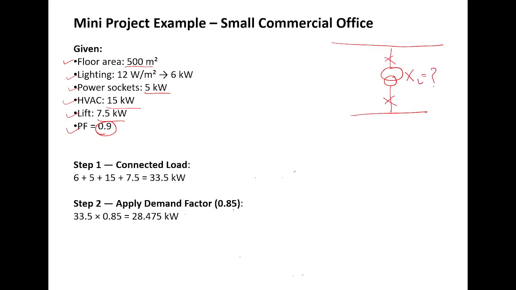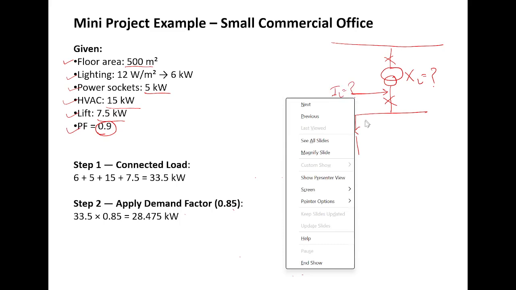I have to calculate the size of this main cable, this cable, this cable. So first, how do I decide the size of the cable? First I should know the line current. How to calculate the line current?